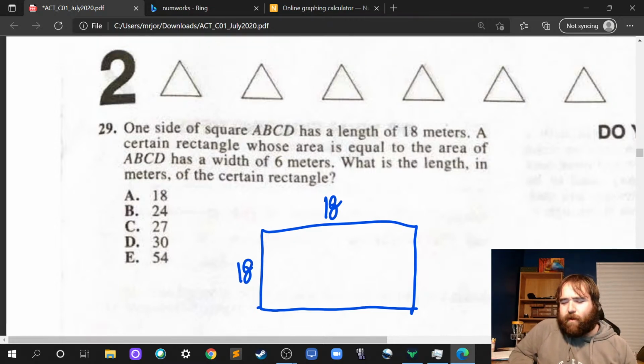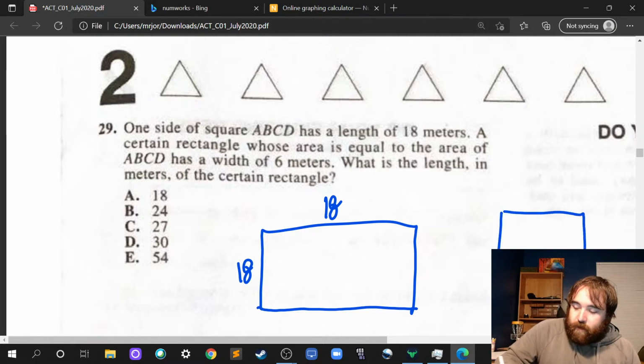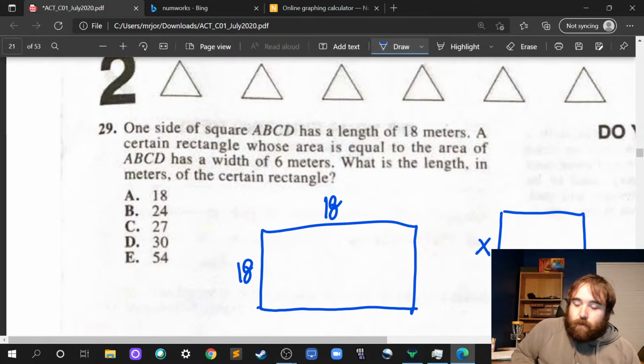That's not a very good square, but it's okay. So we got a rectangle that has a width of 6, and we want to know what the length of that rectangle is.